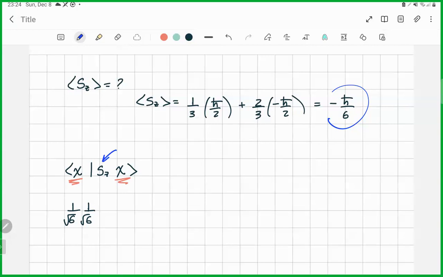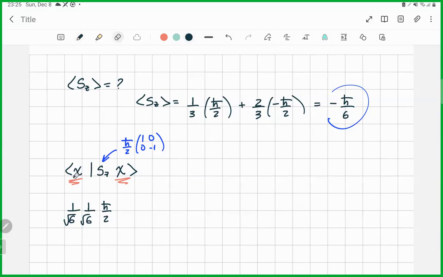The SZ, this operator, is a matrix, which has an h bar over 2 in front of it. Let me remind you, it's h bar over 2 times 1, 0, 0, minus 1, the Pauli matrix. I'm going to put this h bar over 2 in front, because these are all numbers.